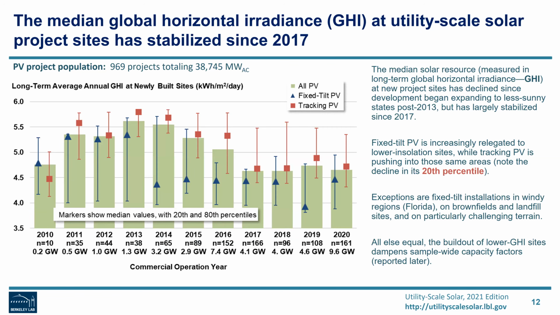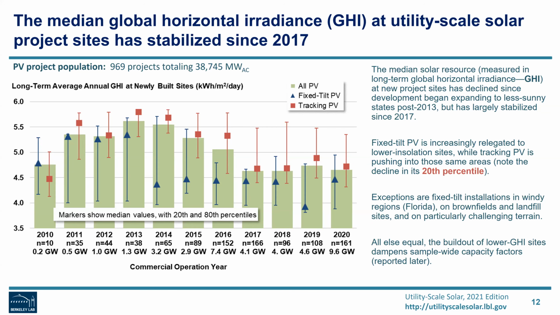We measure the strength of a solar resource in kilowatt hours per square meter a day, a metric that is known as global horizontal irradiance, or GHI. Looking at the median GHI across all projects, we can see that the early installations in the Southwest had the most amount of sunshine, and that GHI declined as solar developments expanded into other regions of the United States.